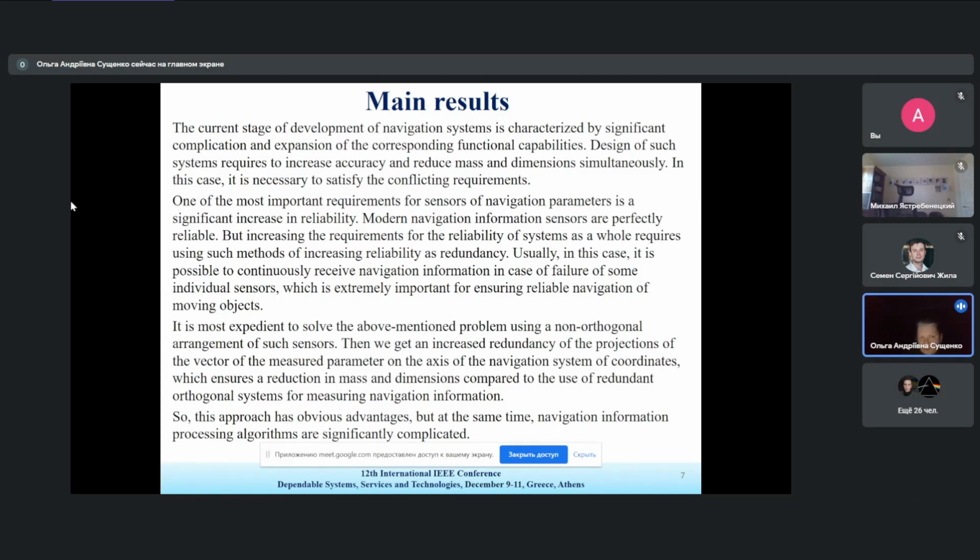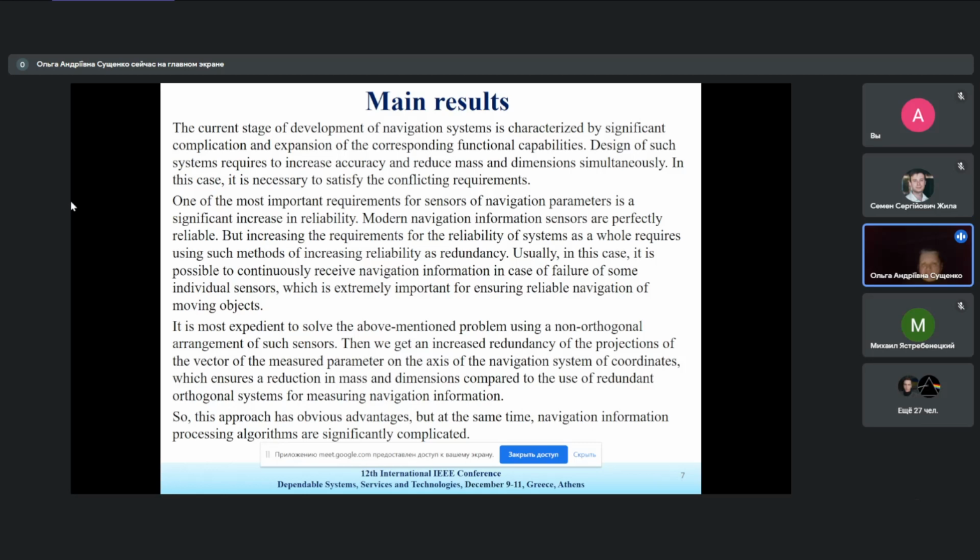One of the most important requirements for sensors of navigation parameters is a significant increase in reliability. Modern navigation information sensors are perfectly reliable, but increasing the requirements for the reliability of systems as a whole requires using such methods of increasing reliability as redundancy.